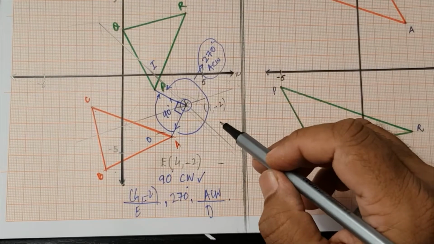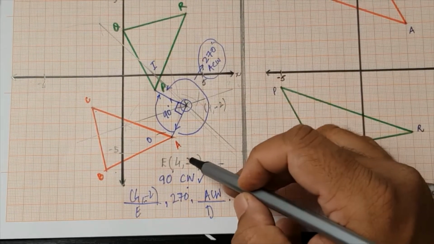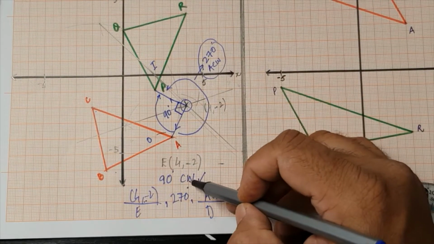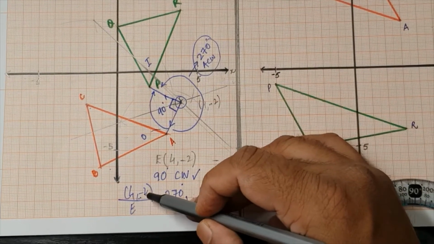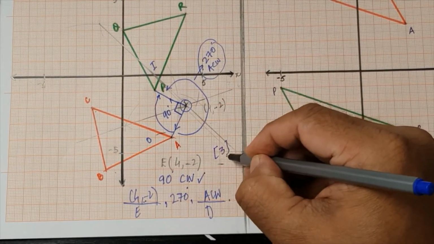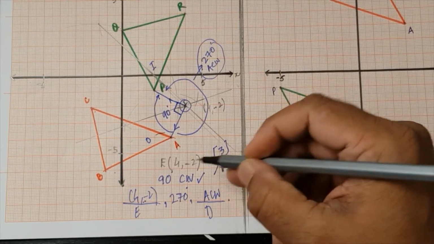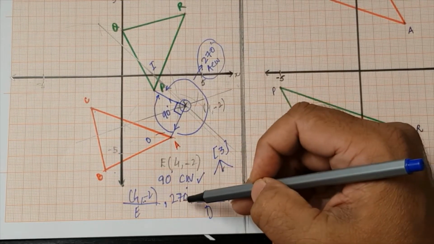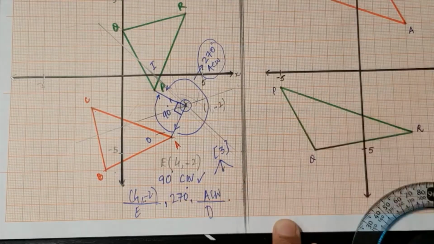Once again, I'm repeating: rotation of 90 degrees clockwise about center (4, -2). And this is normally a 3 marks question, because we have to write 3 points: center, angle, and the direction.